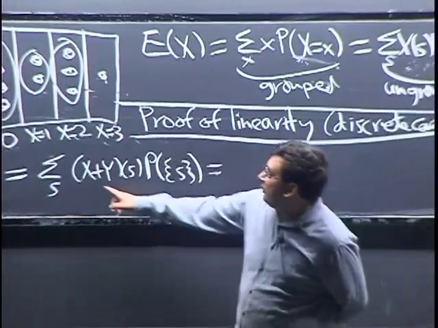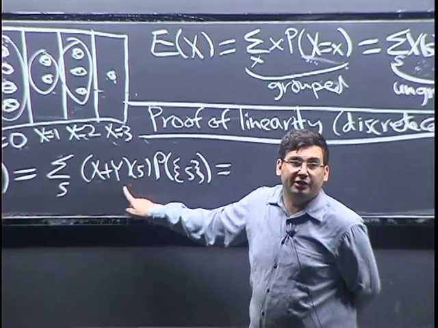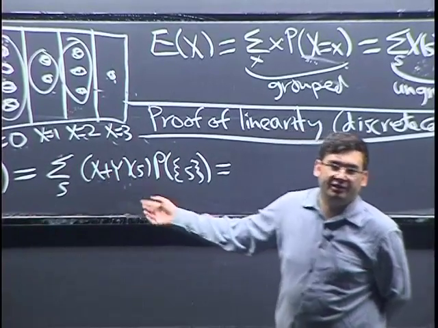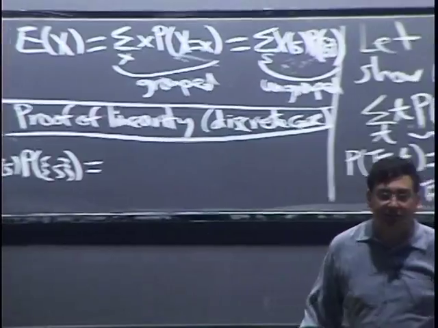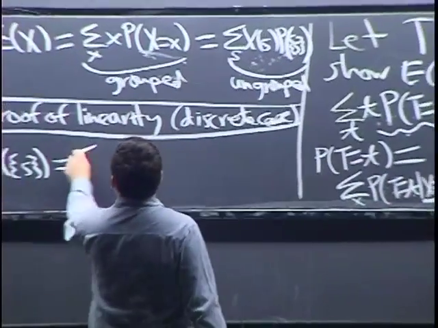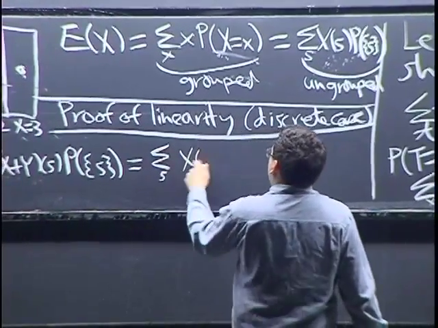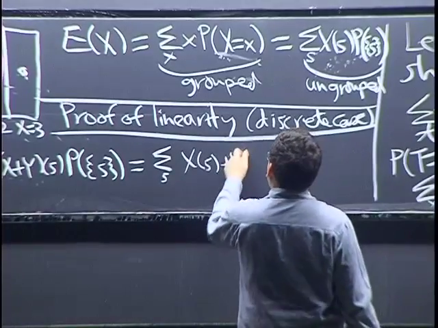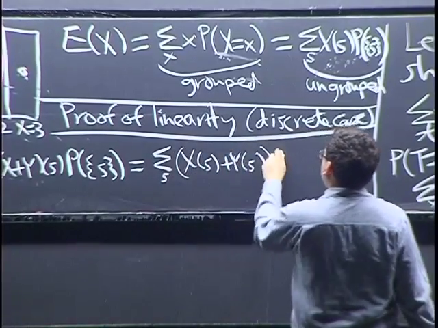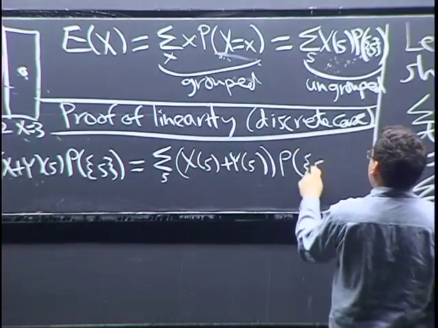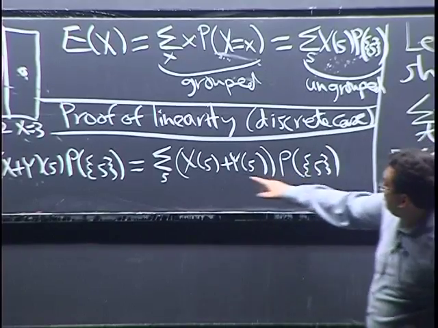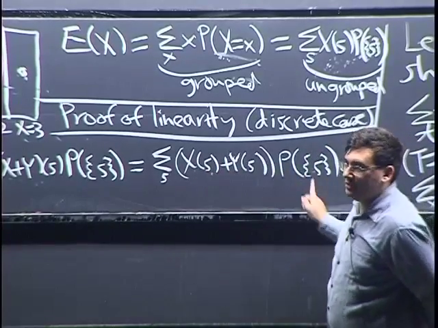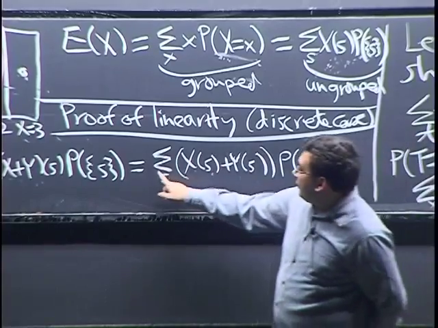By definition of what it means to add two functions, well, it just means you compute both functions and add them. So that's really just the same thing as X of S plus Y of S times P of S. And now just distribute, this times this plus this times this, and break the sum.